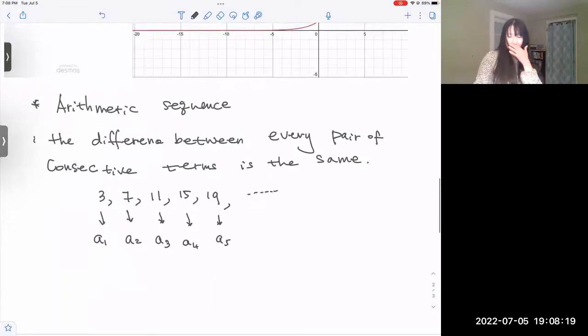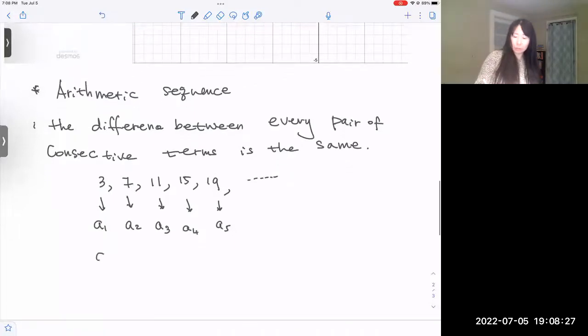So look, we can create the formula. Okay, so look, a sub 1 equal to 3. Now we can say that a sub n equal to a sub n minus 1 plus 4 for n greater than or equal to 2.